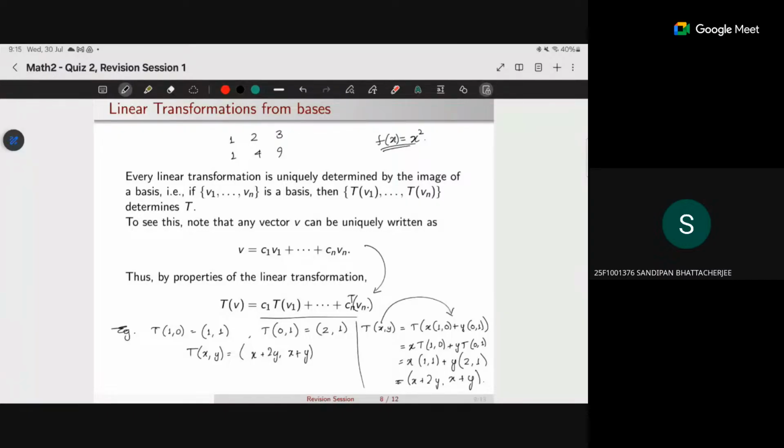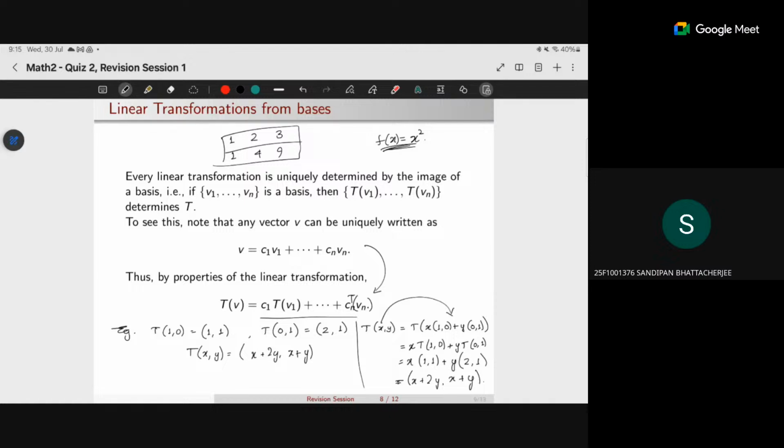There could be other functions with the same observations. You can cook up such functions, but if it is also known that it is linear, in this case you will not have any linear function which has this as the observed data.